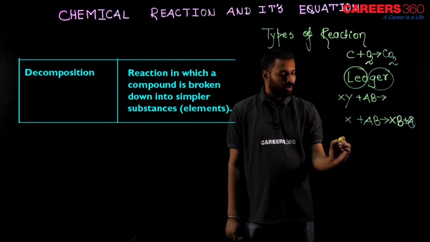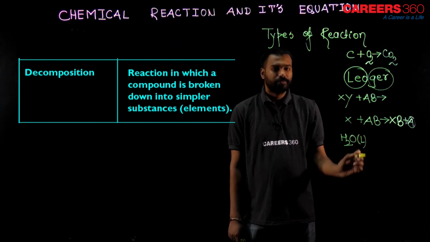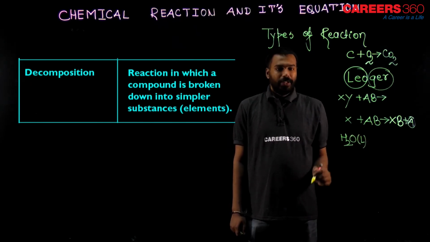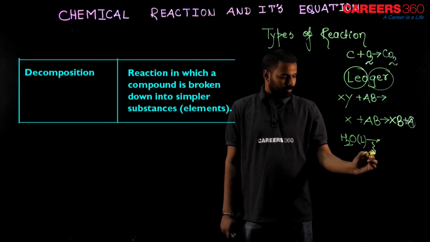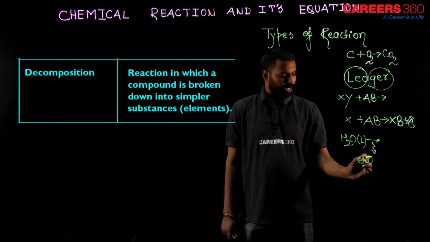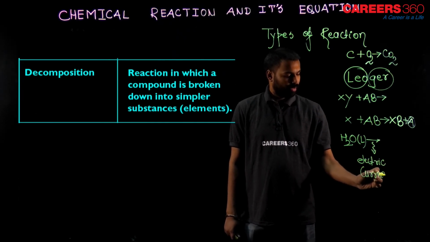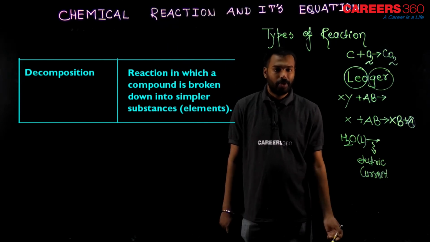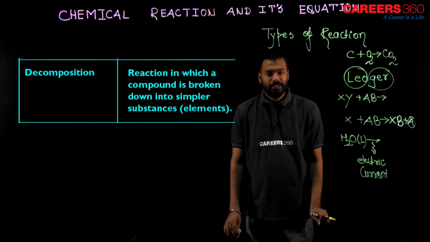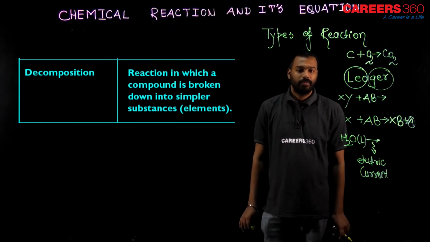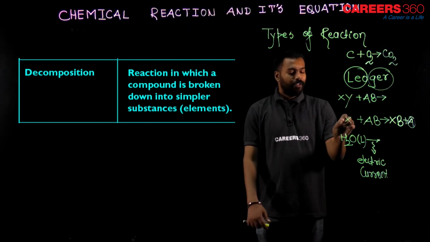You take water, which is a liquid, and you supply electric current to this water. You add a few drops of acid also, because in pure water electricity cannot conduct.